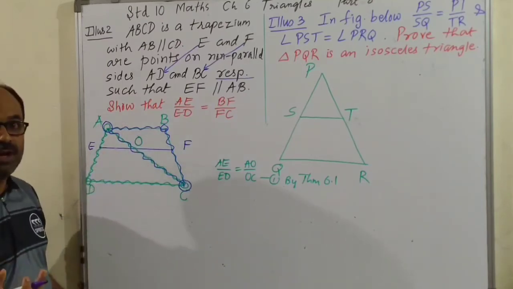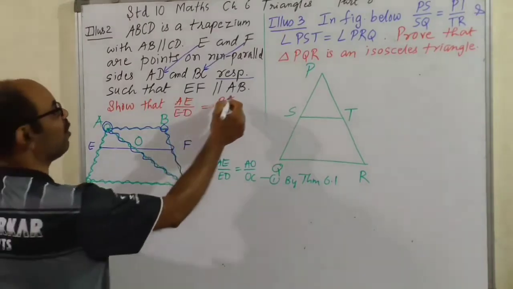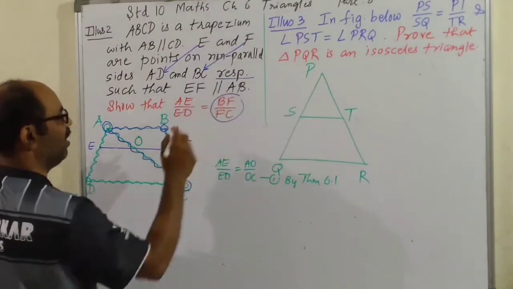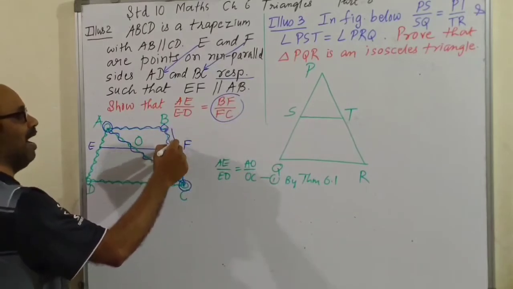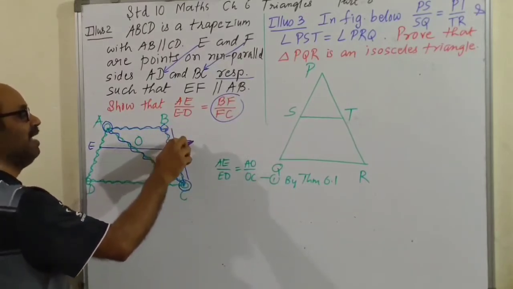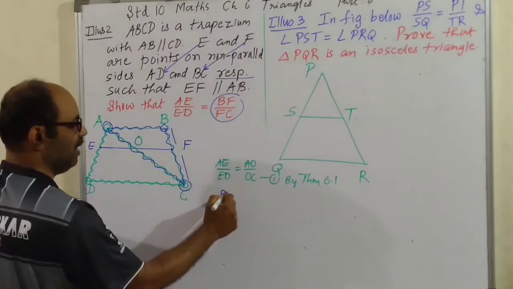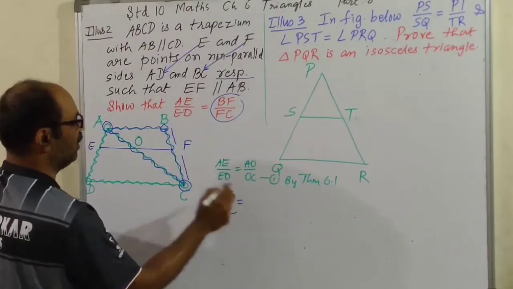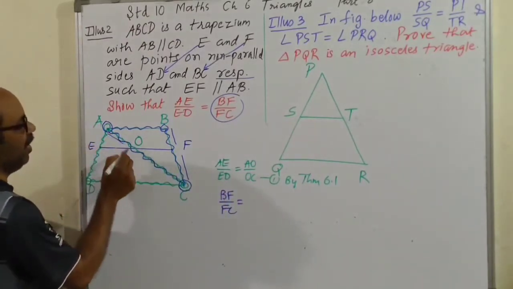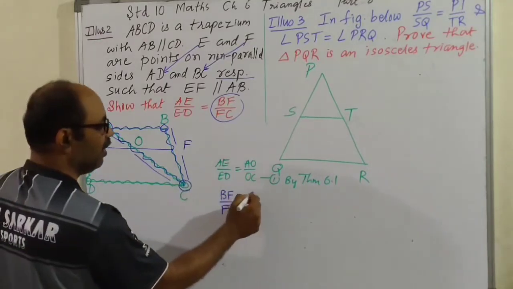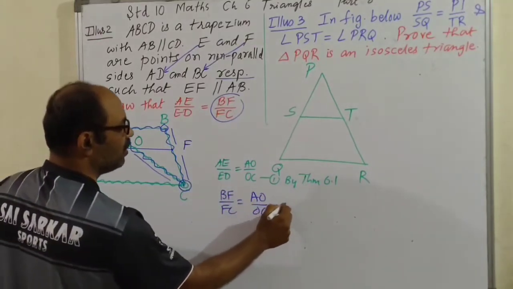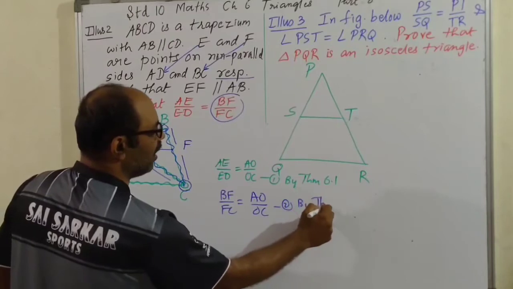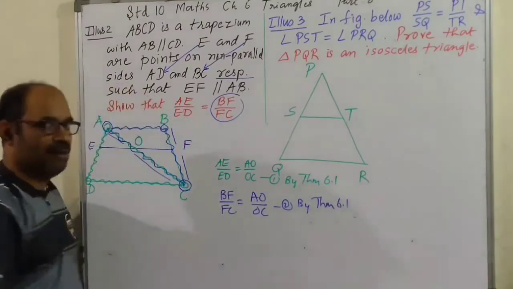So you have theorem 6.1. यहाँ focus करो, you will get this from there. Now this time I am taking part upon part. BF upon FC is equal to, यहाँ से क्या आएगा? AO upon OC. This is result 2 by theorem 6.1.